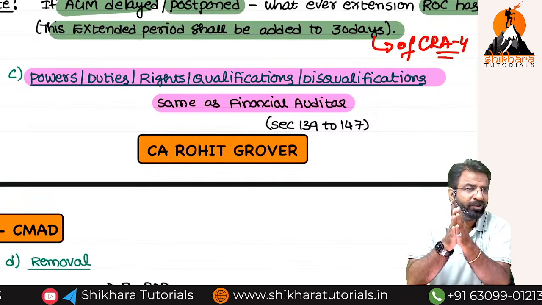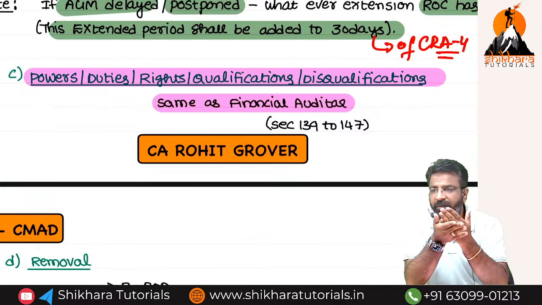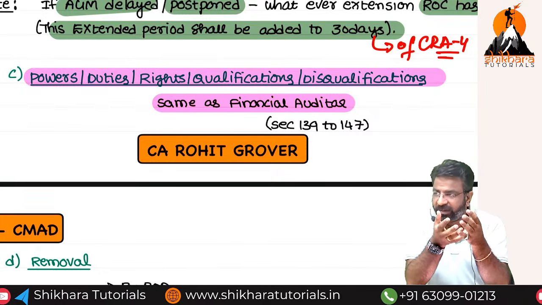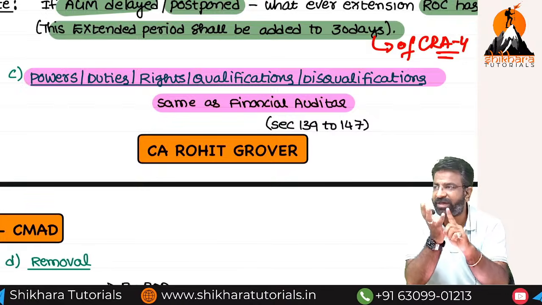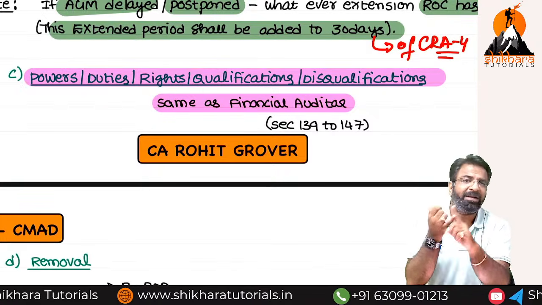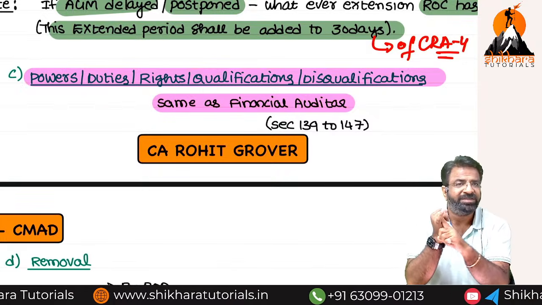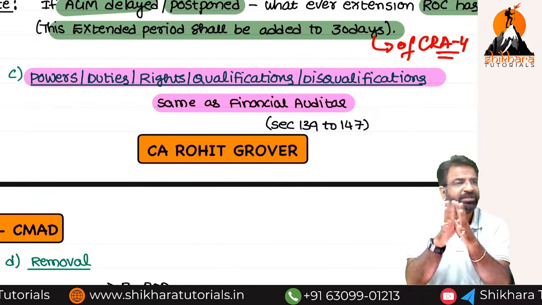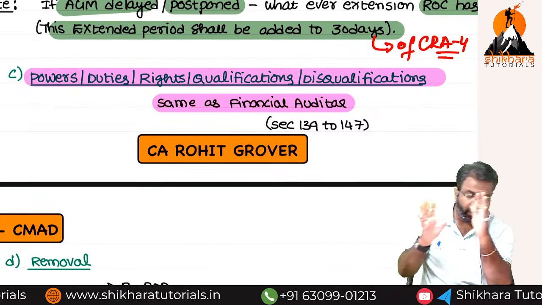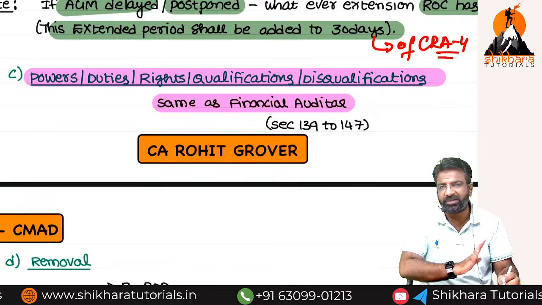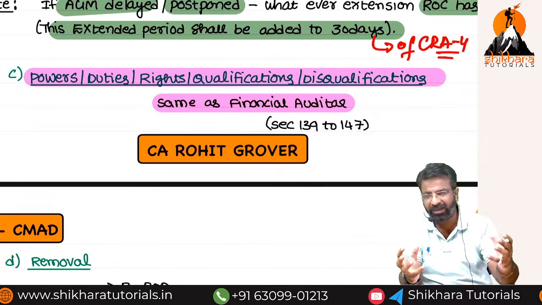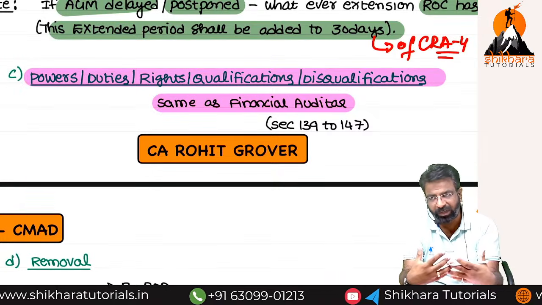I already told you that section 139 to section 147 is a dedicated section for which auditor? Statutory. We only have one dedicated section called 148. Secretarial auditor has one dedicated section called 204. Now, what has the Institute done? ICAI and ICMAI have collaborated on some sections.